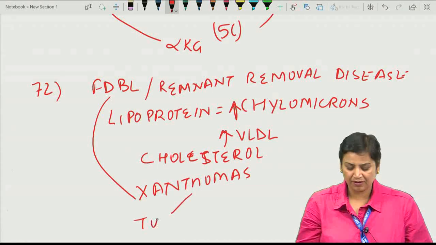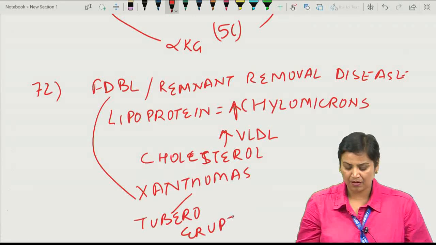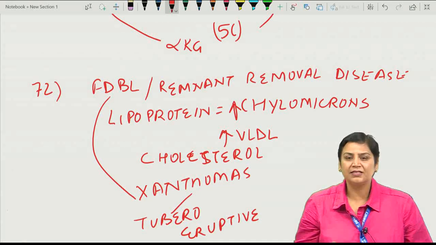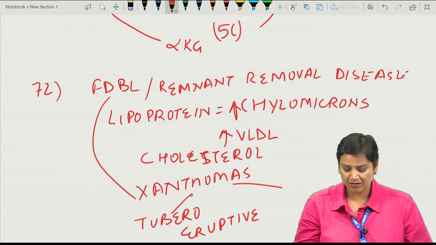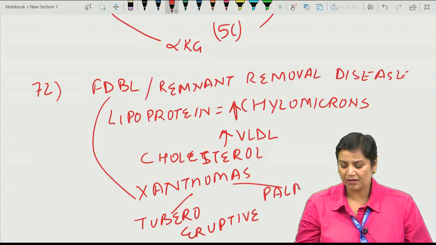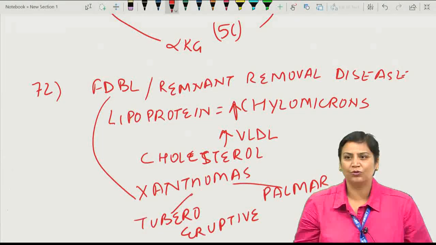They can be tuberoeruptive in the knees, in the buttocks, and they will be in the palms also, which is a palmar xanthoma.